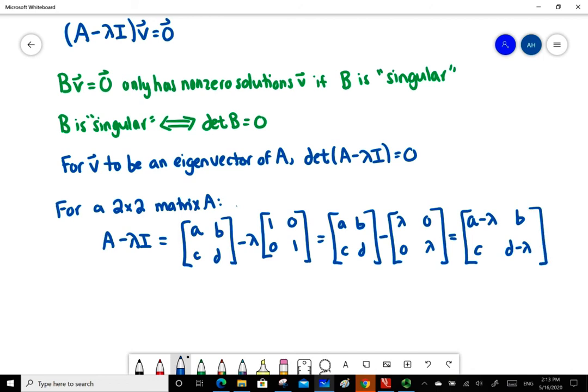This shows why, to find the eigenvalues lambda of A, we solve for when the determinant of [A minus lambda, B; C, D minus lambda] is 0.